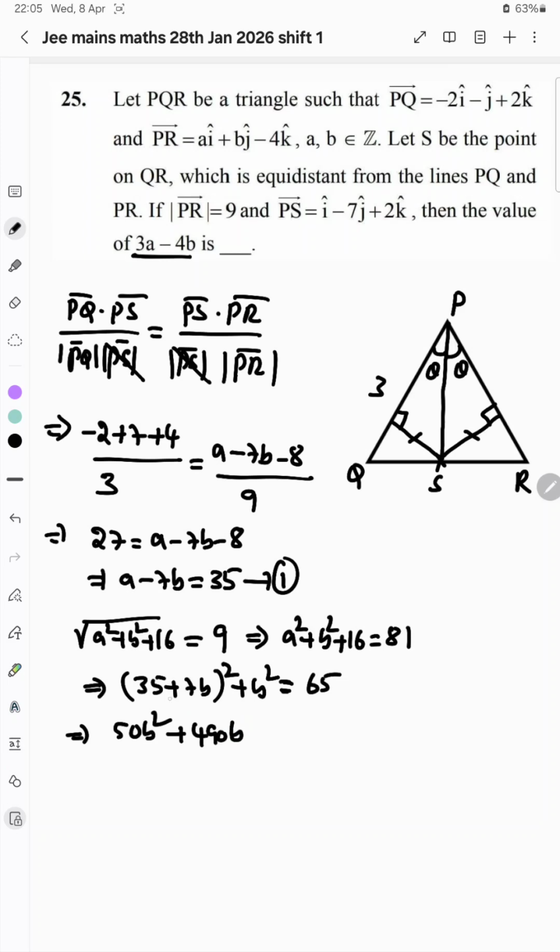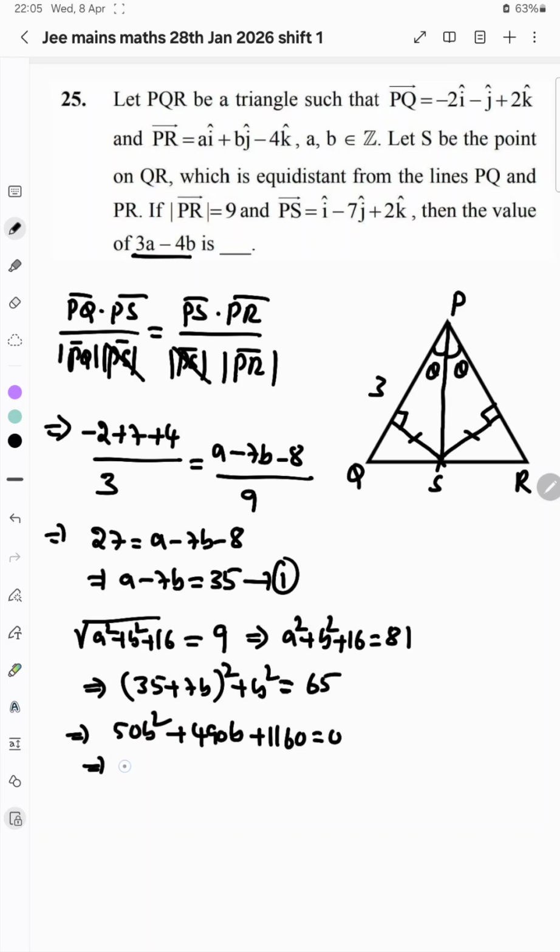Next, 35 square is 1225, minus 65. So 1225 minus 65 gives 1160, which is equal to 0. Now we can take 110 common from the entire expression.